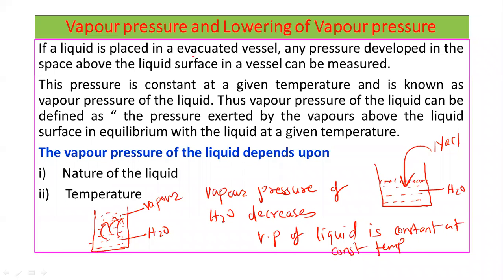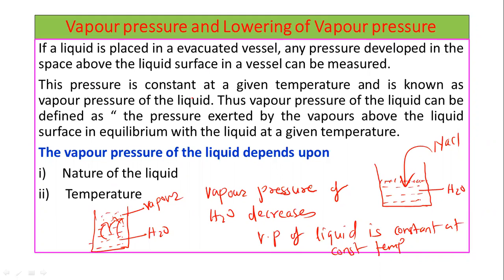So let us see here, if a liquid is placed in an evacuated vessel, evacuated means there is no air inside it, any pressure developed in the space above the liquid surface in the vessel can be measured, because that liquid has a tendency to go into the vapor state, so vapors are formed there.